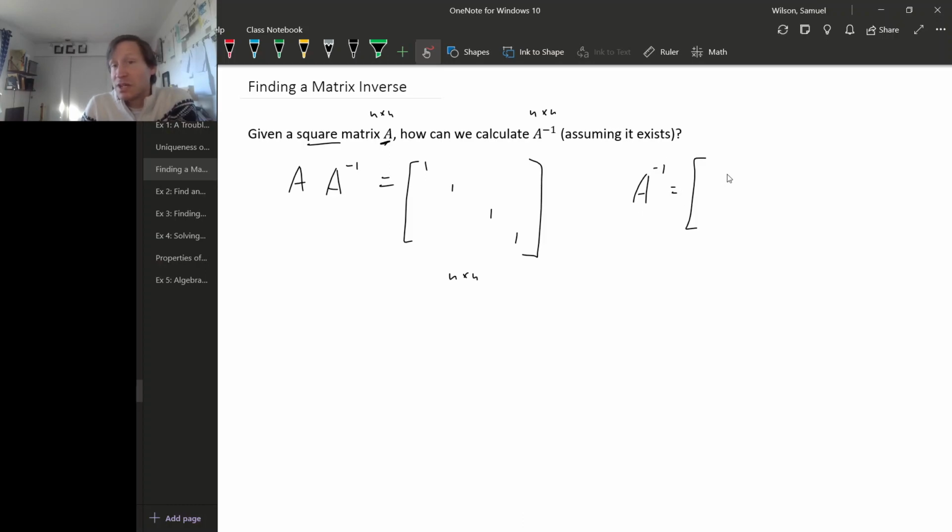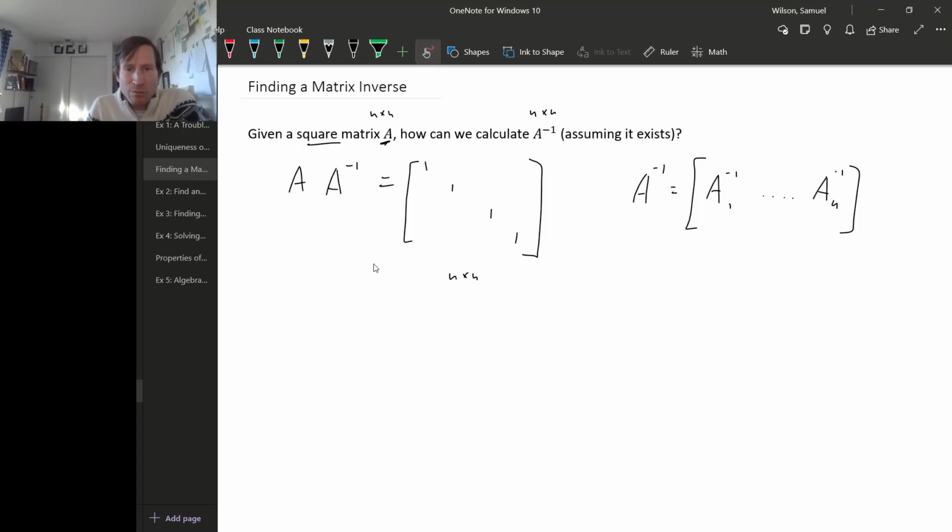So A inverse is going to have n columns. We could name those columns A inverse 1, A inverse 2, all the way up to A inverse n. Each one of these is a column of A inverse.